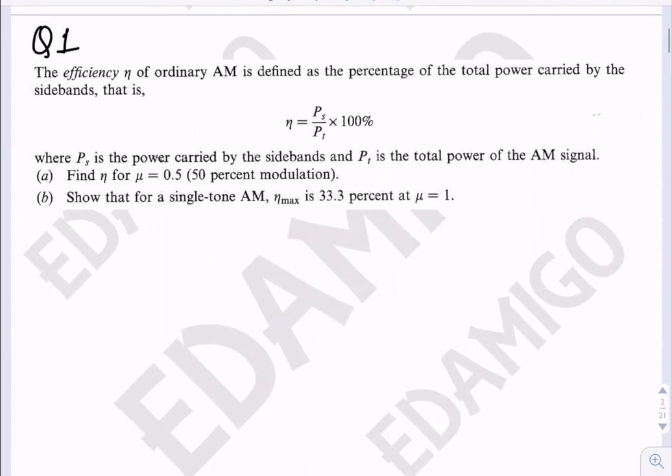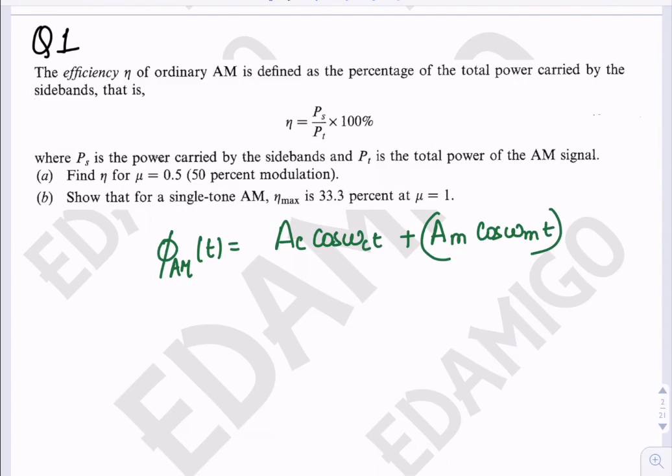Okay, so let's start with the first question, that is efficiency of the amplitude modulation. So let us take the amplitude modulated signal as AC cos omega ct, and let us take mt, that is a signal, as Am cos omega mt, and this will get multiplied by cos omega ct.